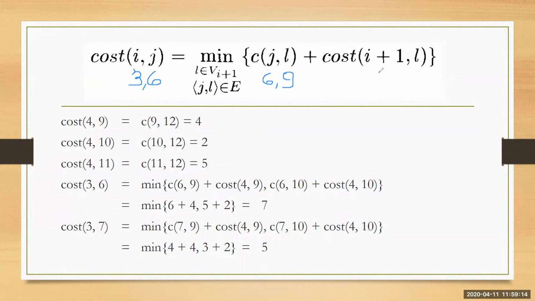i plus 1 means 3 plus 1, that is 4, comma L. L we have taken as 9. So what it means is you have to add the edge cost from 6 to 9.